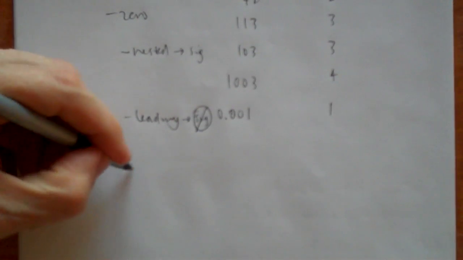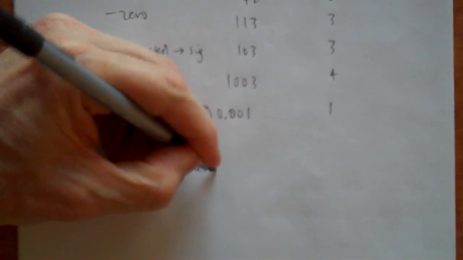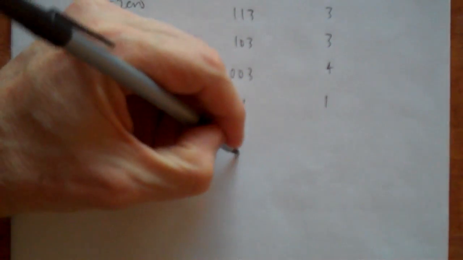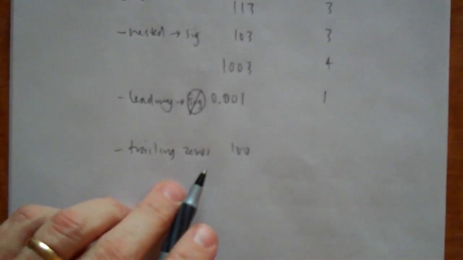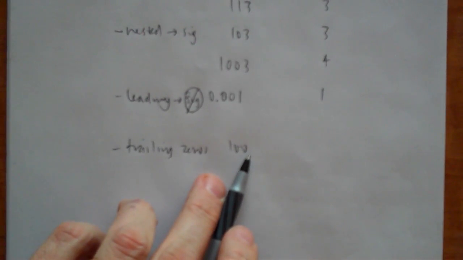Okay? What about trailing zeros? Okay, trailing zeros, 100. Well, a trailing zero, if it's just showing the magnitude and it's before the decimal point, you see that?